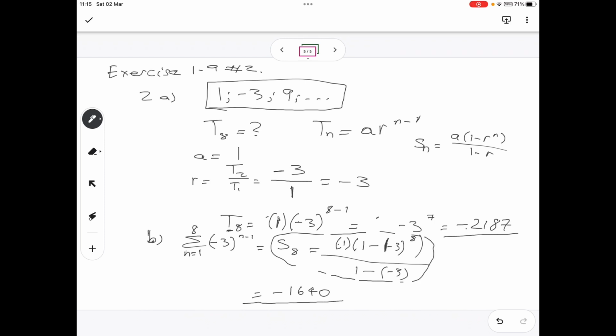So it's -27. So the fourth number would be -27. So the fifth number would be how much? Times -3 would be -27 times -3, positive 81. Yeah, they alternate. It's positive, negative, positive, negative.